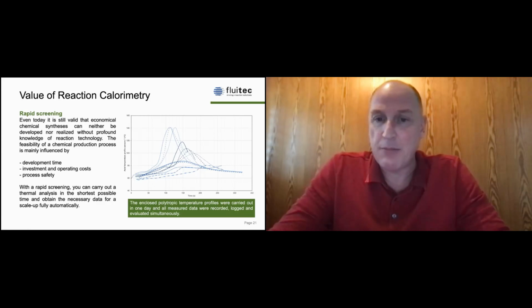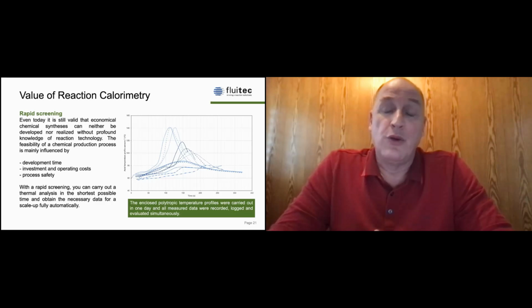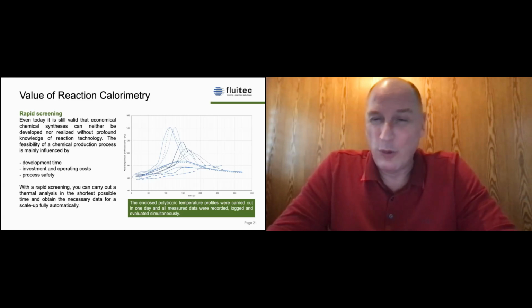If you increase the temperature, then the profile will be a little bit higher. If you reduce the temperature, then the temperature profile will be a little bit lower. If you increase the flow rate, then the reaction can also be a little bit earlier or later, depending on the kinetic.